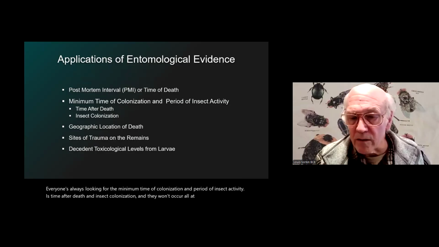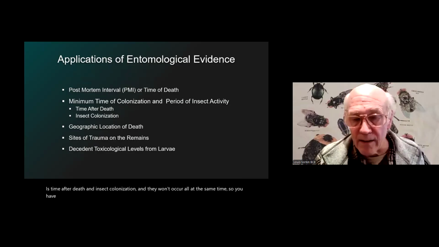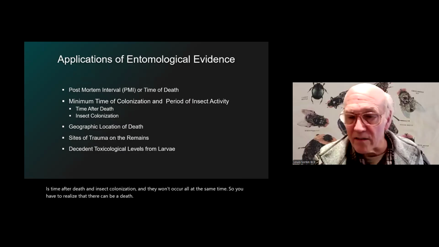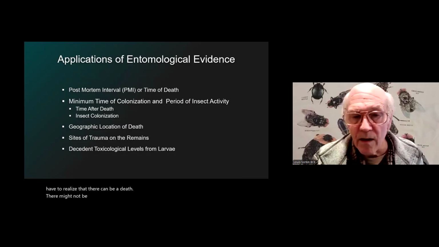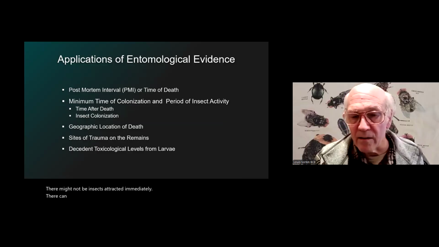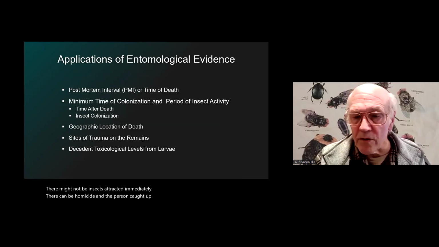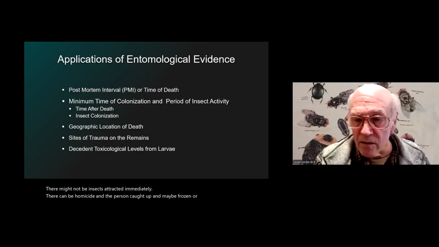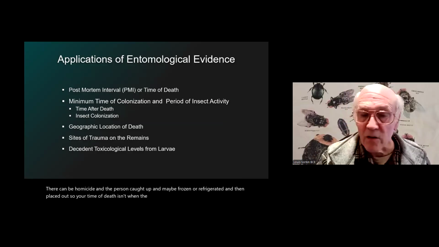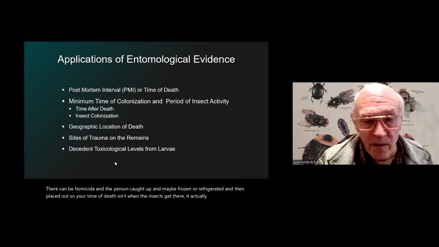So you have to realize that there can be a death, and there might not be insects attracted immediately. There can be homicide and the person cut up and maybe frozen or refrigerated and then placed out. So your time of death isn't when the insects get there. It actually occurred hours or days before.